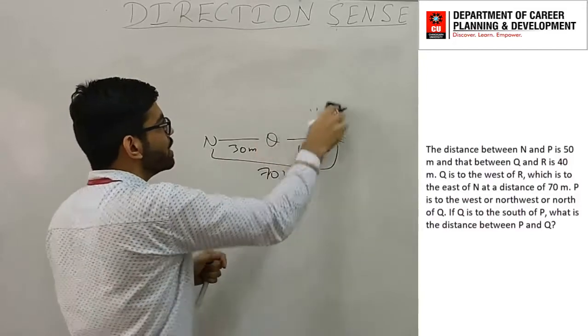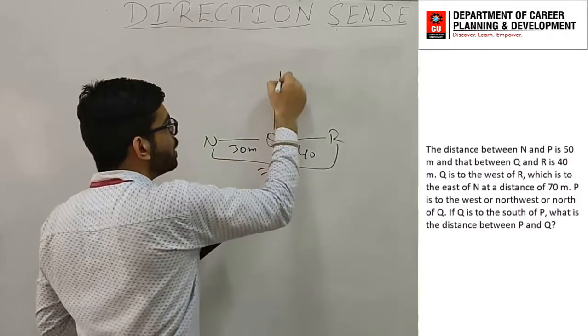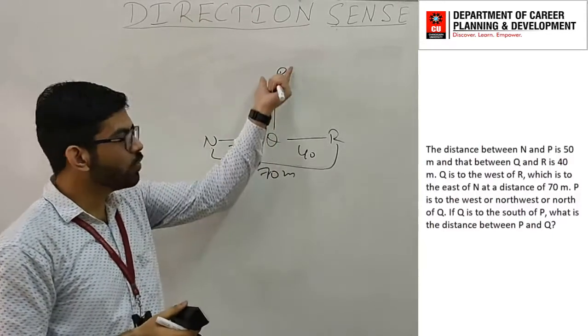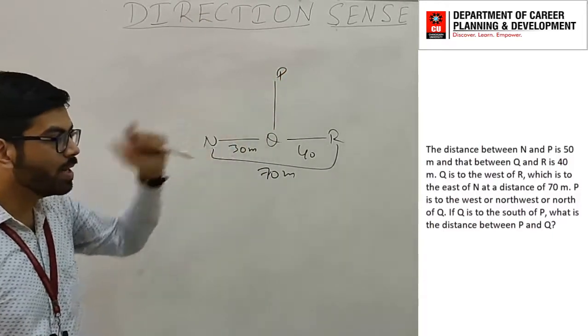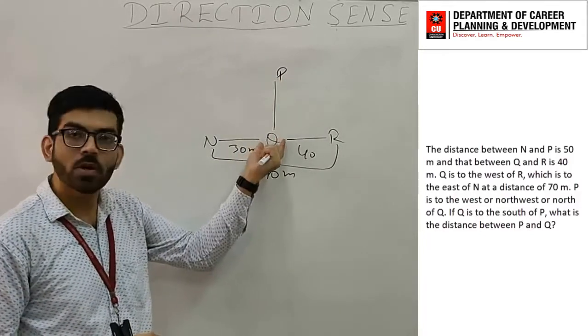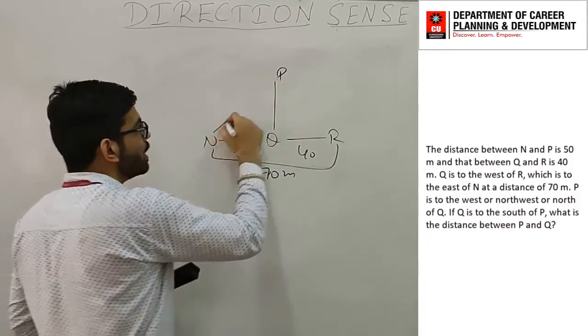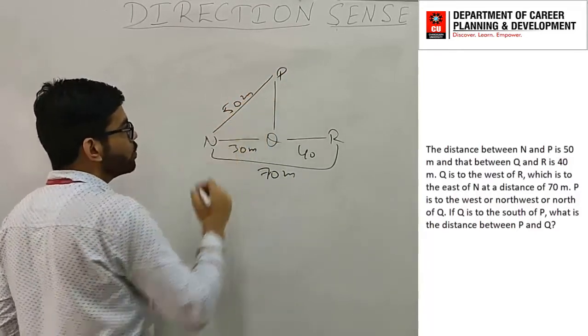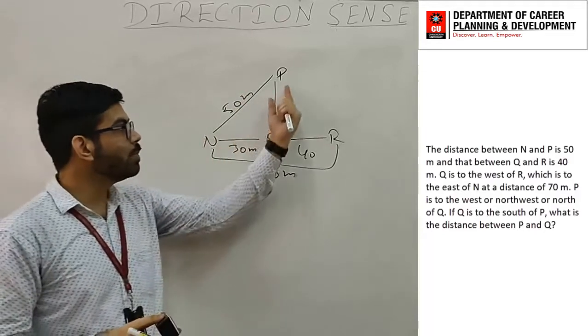So this line is represented as this one. P should be here. Then only we can say that Q is to the south of P, and from this one again line is clear, that is P is to the north of Q, and the distance between N and Q is given, which is 50 meter. So from here we have to find the distance between P and Q.